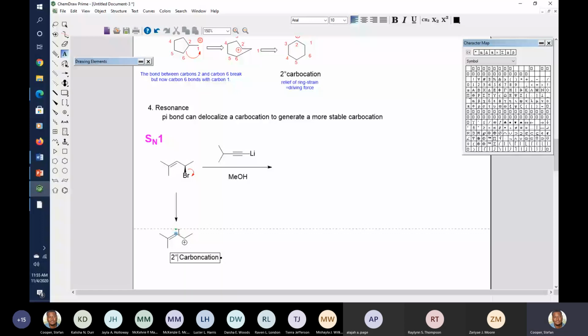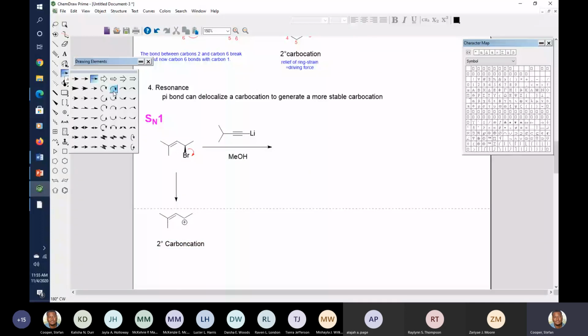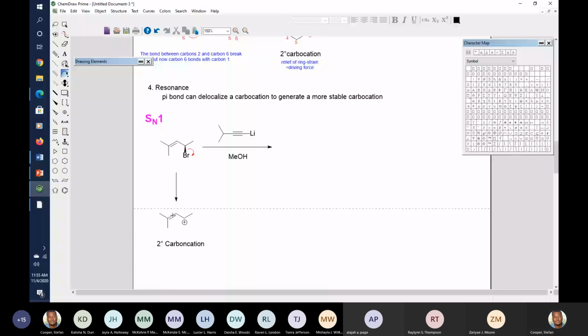Instead, however, we know that pi electrons are very easily delocalized. And so I'm just going to move two electrons over. So these two electrons are going to move over. Let's see if I can get a better looking arrow for that.